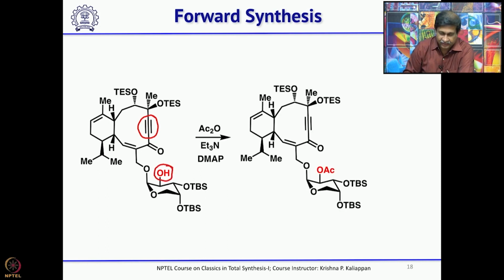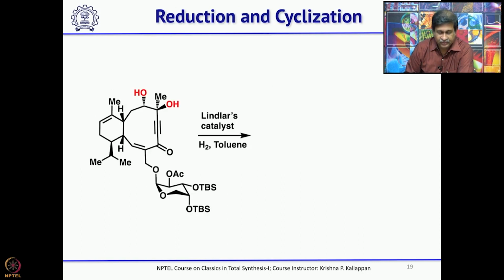So, first the secondary alcohol was protected as acetate, and then the secondary and tertiary TS groups were removed, followed by the key reaction, that is the reduction of the triple bond.